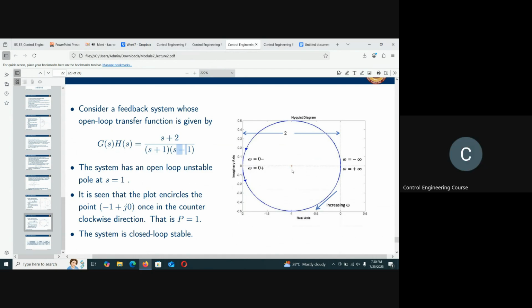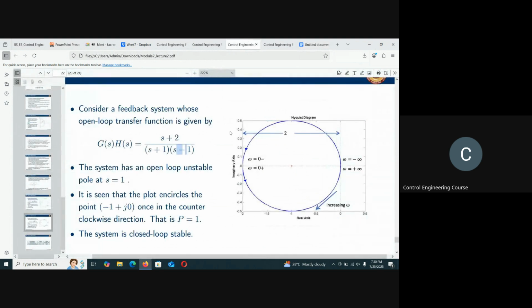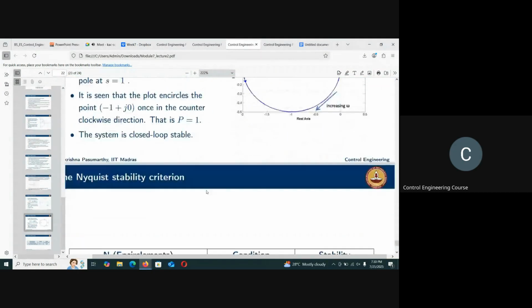One. It's not minus one, it's one because it's counterclockwise. So the number of counterclockwise encirclements about minus one is equal to the number of unstable open loop poles, because there was one unstable open loop pole. Corresponding to that, there is one counterclockwise encirclement about minus one, right? So it is stable, correct? This is also stable.